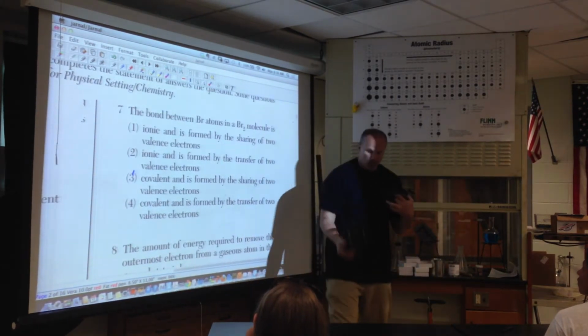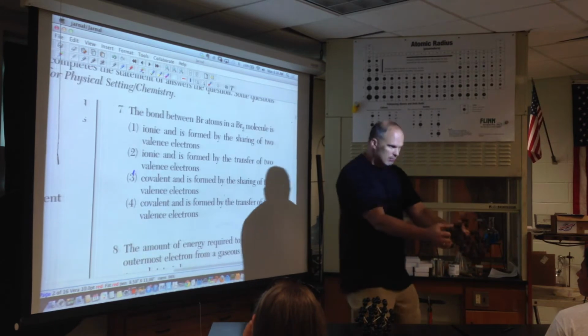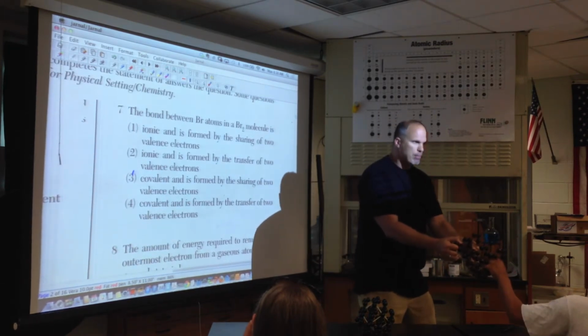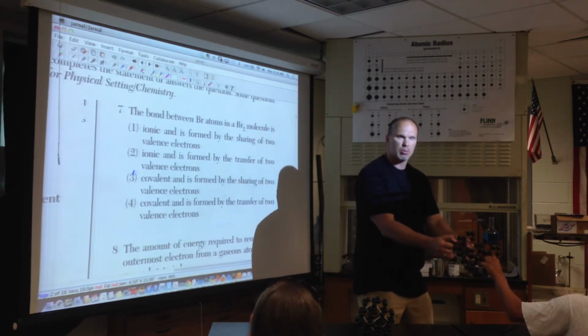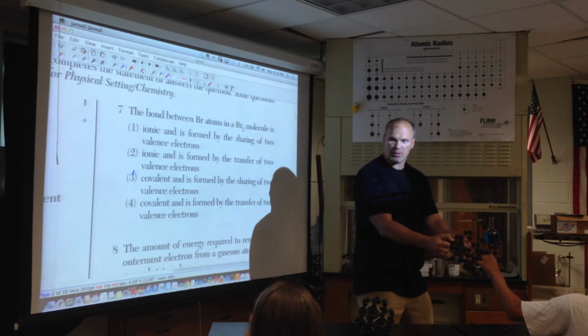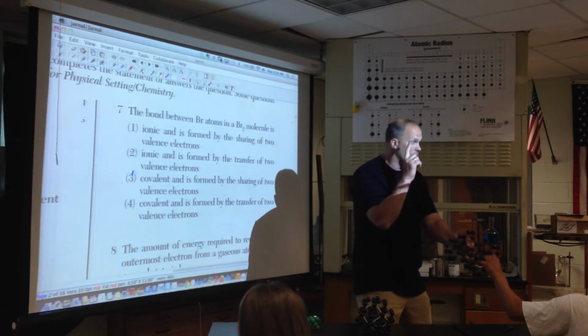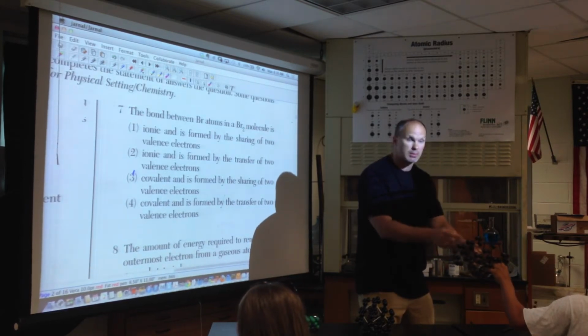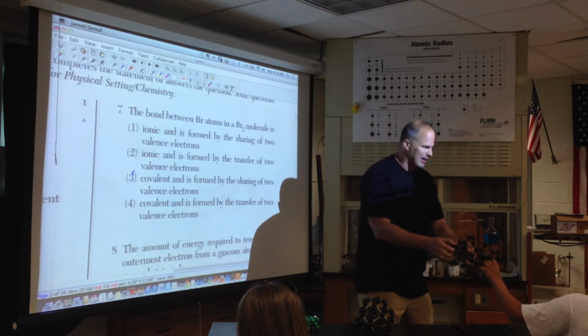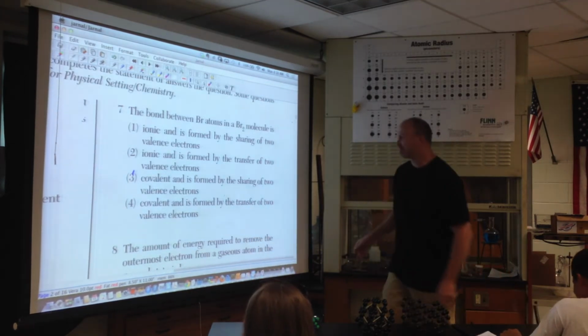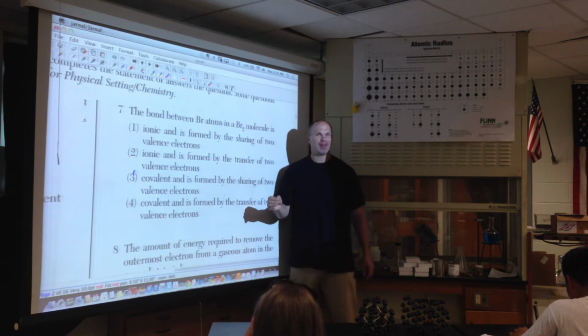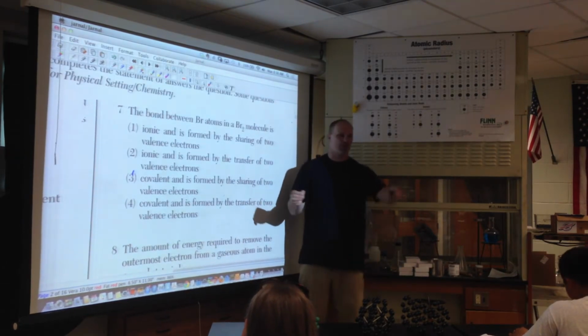If you put them in between us, that's mine. Come on! But we're both the same strength now, so we're both forced to share these equally. That's key. We have to share these electrons equally.